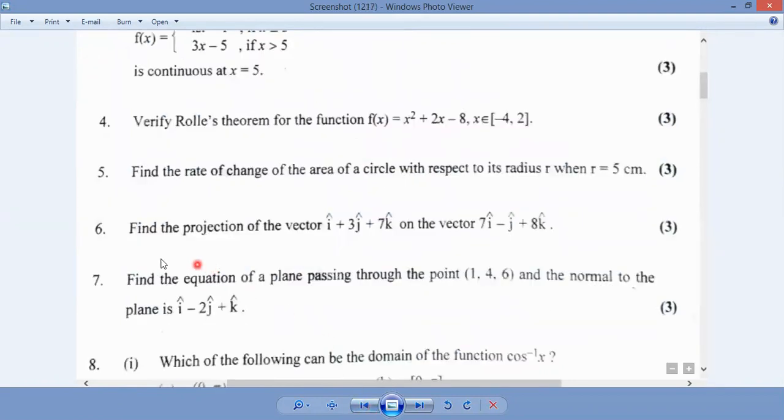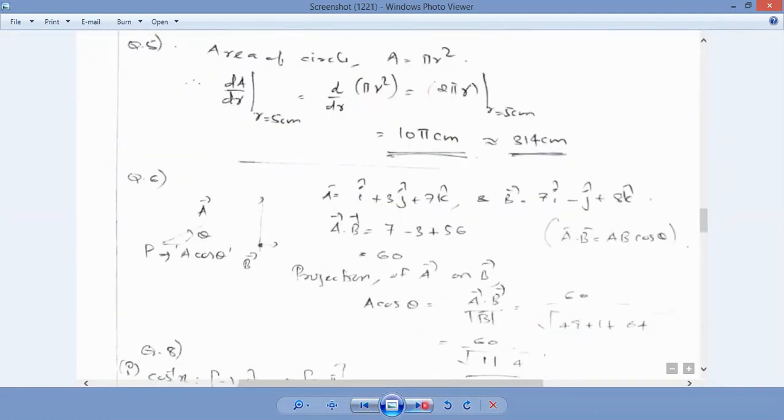Now, the sixth question: projection of this vector a onto the vector b. We have two vectors and we have to find the projection. This is a direct question; you can apply the direct formula or use some graphical techniques. Here I have marked the a and b vectors, and the projection of a on b is the perpendicular projection onto b, which is basically a cos theta.